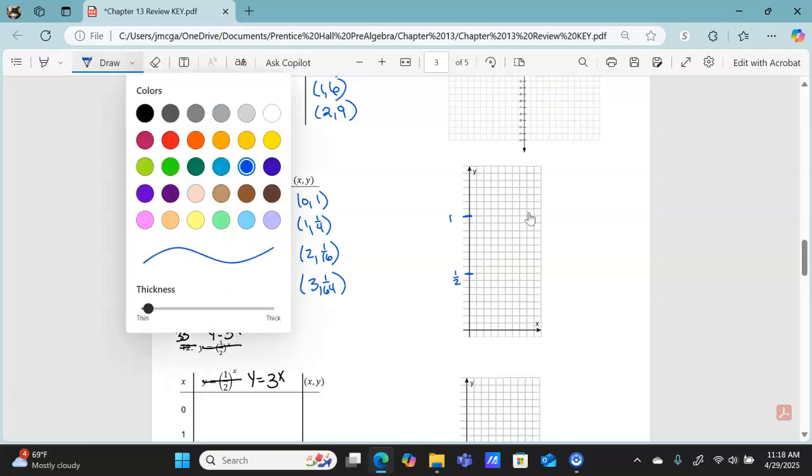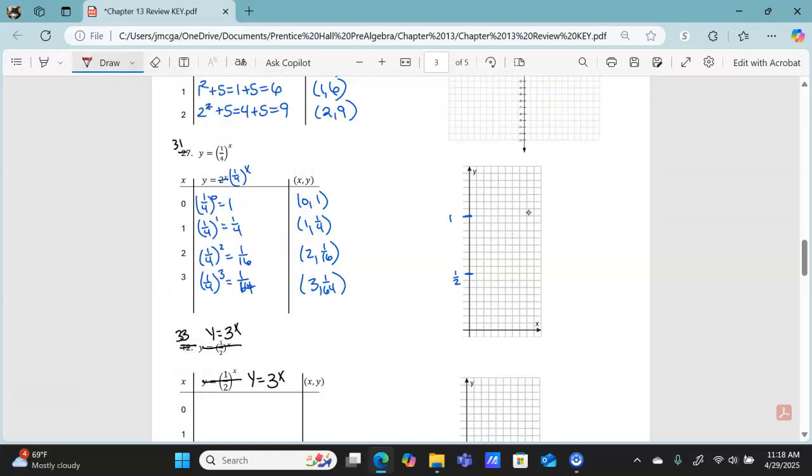So when I go to graph this, and why did I go by 8s? Because these 4, 16, and 64 are easy to connect with 8. So I have 0, 1, 1 and 1/4, which would be right here. No, I think I have that in the wrong spot. Did I go up 8? 1, 2, 3, 4, 5, 6, 7, 8.